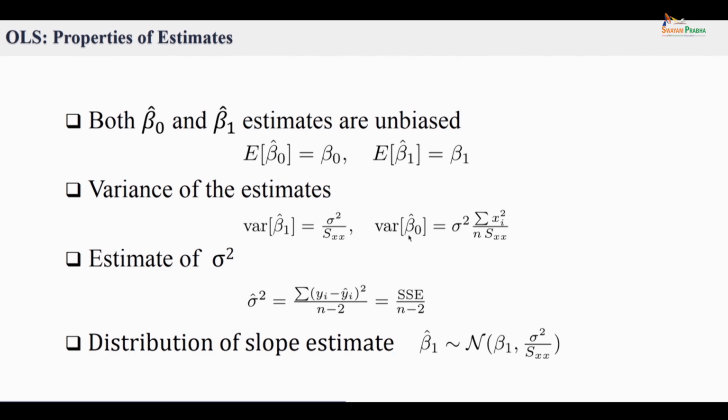Similarly, we can show that the variance of beta naught hat is sigma squared, which is the variance of the error, multiplied by this ratio. The numerator is the sum of squared values of all the independent variables, while the denominator represents the variance of the independent variable. In this, Sxx can be computed from data, and the sum of xi squared can be computed from data, but we may or may not have knowledge about the variance of the error which corrupts the dependent variable.